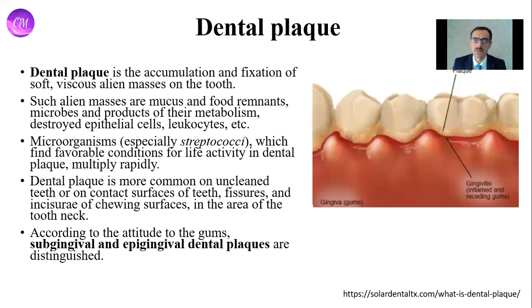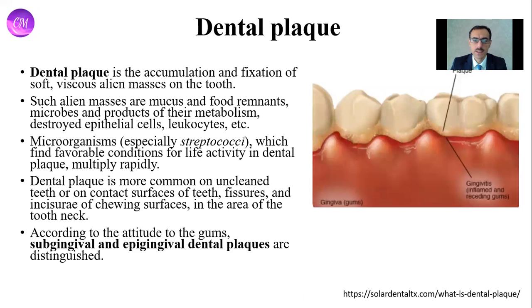Such masses are mucous and food remnants, microbes, and products of their metabolism, destroyed epithelial cells, leukocytes, etc. Microorganisms, especially streptococci, which find favorable conditions for life activity in the dental plaque, multiply rapidly. The dental plaque is more common on unclean teeth or on contact surfaces of teeth, fissures, and incisors of chewing surfaces in the area of the tooth neck.